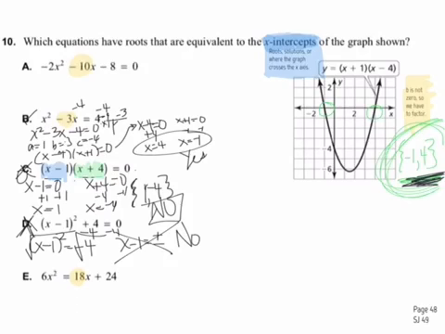Okay, which one's easier, A or E? Well, A is already equal to 0. I have a common factor, so I'm going to divide each of these by -2.